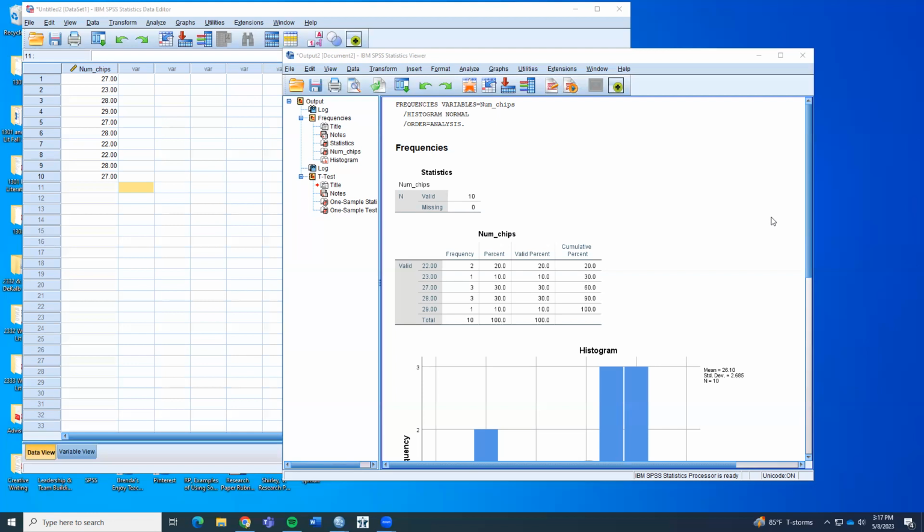We'll operationalize the independence of observations assumption, as most researchers do, to consider it not violated, as no case is in the sample twice, and each cookie is assessed individually. Similarly, the normality assumption will be considered not violated under the belief that characteristics controlled by random process are normally distributed. So we can see in our SPSS that we have our 10 cookies and the number of chips that each cookie possesses.